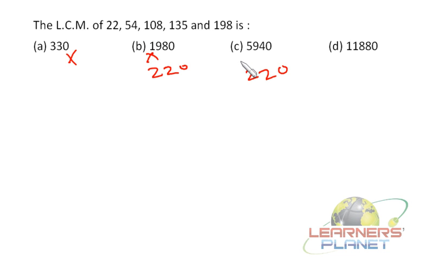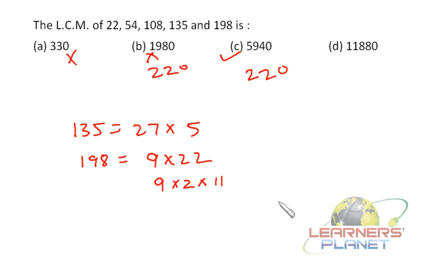Okay, so it will be the correct choice, that is 5940 will be the correct choice. Okay friends. You can have an idea of 135 and 198 from here. So LCM of 22, 54, 108, 135 and 198 will be 5940.